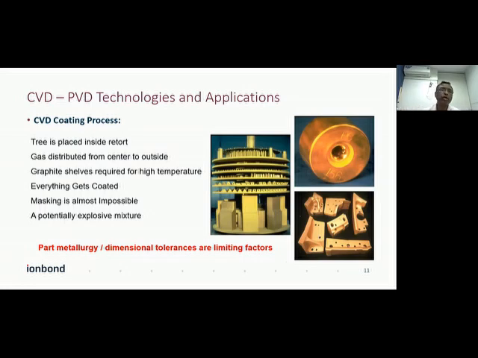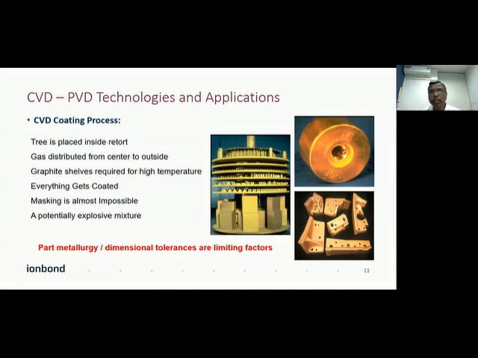So here the masking is very difficult, and lastly, this process is a bit explosive, because a lot of hydrogen is being used. Then the byproduct of this process is HCl.